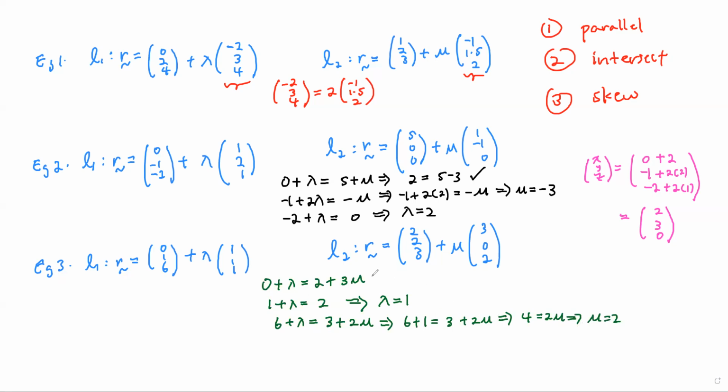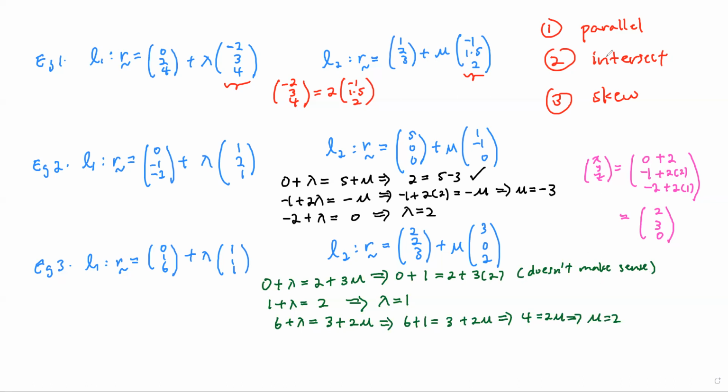Let's test it on the first equation: 0 plus 1 equals 2 plus 3 times 2. We get 1 equals 8, which doesn't make sense. That shows that they do not intersect.